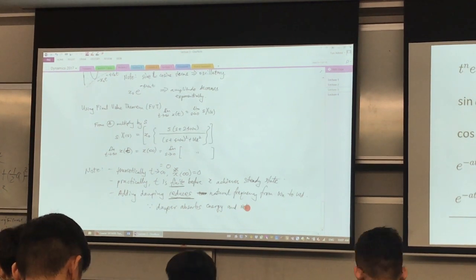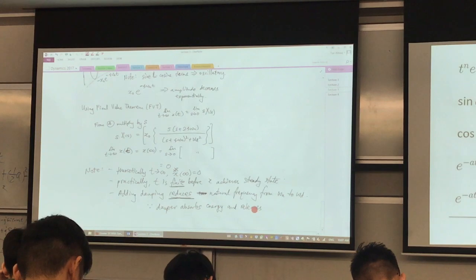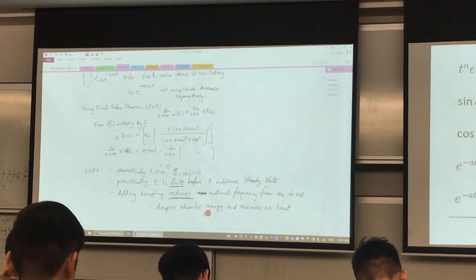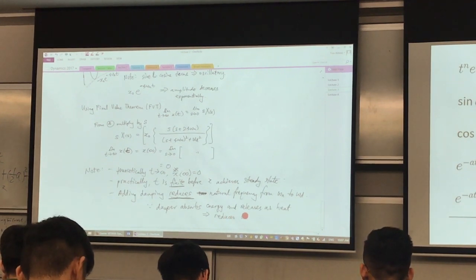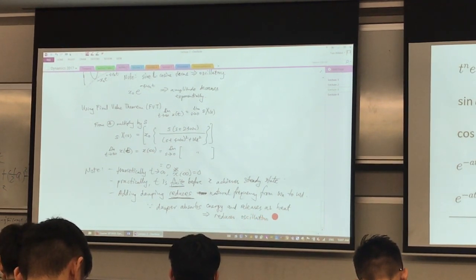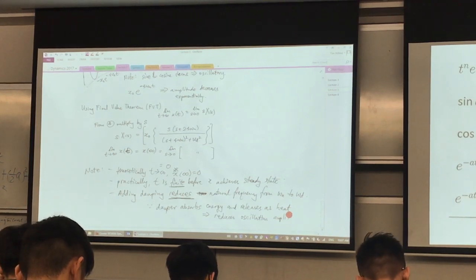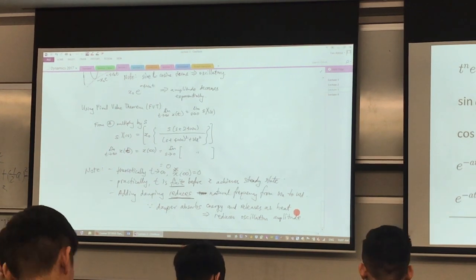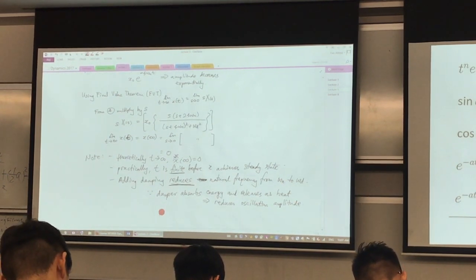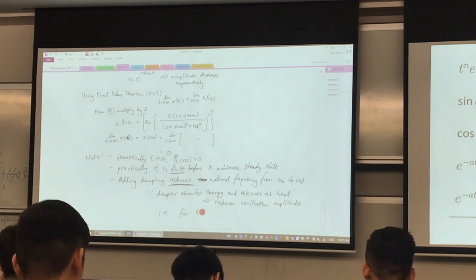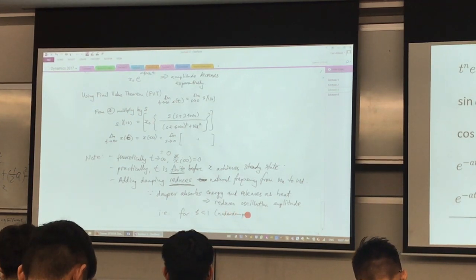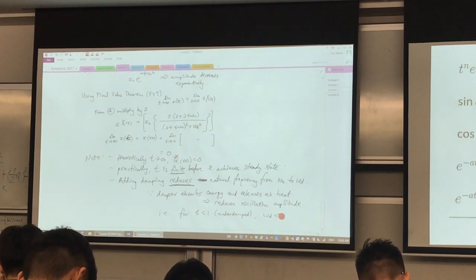And where does the absorbed energy go to? It is released as heat in the damper. Because of this absorption, it reduces your oscillation amplitude. Each of the humps, as it goes along, will be reduced and reduced and reduced. Now what that means is that for zeta less than 1, which is the case of underdamped, your omega d is less than omega n.